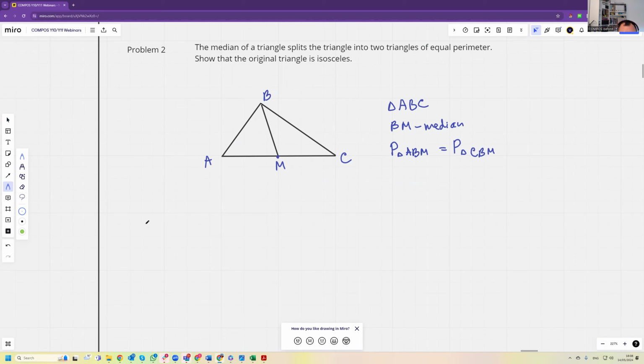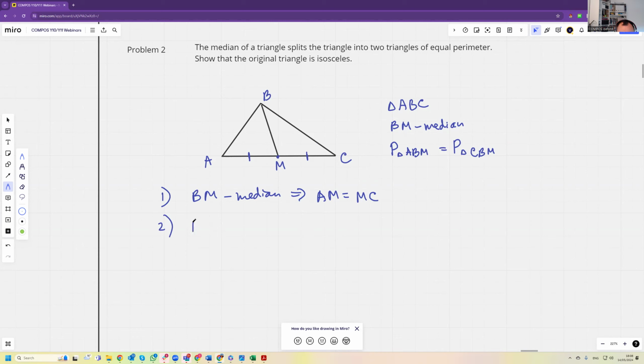So by definition, so first, BM is the median. Therefore, AM is equal to MC. All right? So AM is equal to MC because BM is the median. 2.